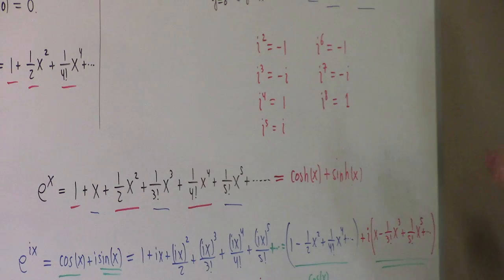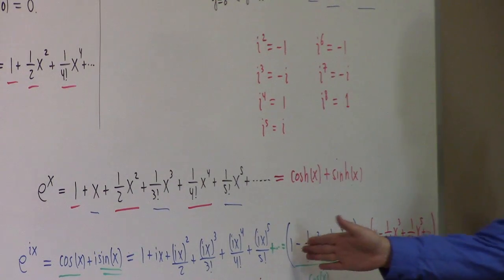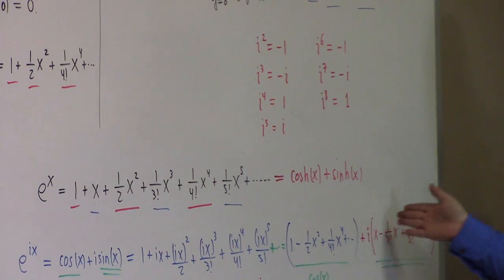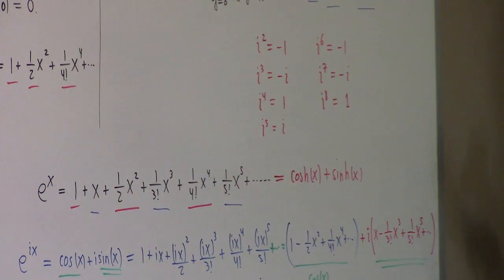So if we just regroup those terms, we've got 1 minus 1/2 x squared plus 1 over 4 factorial x to the 4th plus dot, dot, dot. That's the real terms. Plus i times x minus 1 over 3 factorial x cubed plus 1 over 5 factorial x to the 5th plus dot, dot, dot. Those are the odd terms. This thing that I just did double underline in green is exactly the Maclaurin series for sine of x.